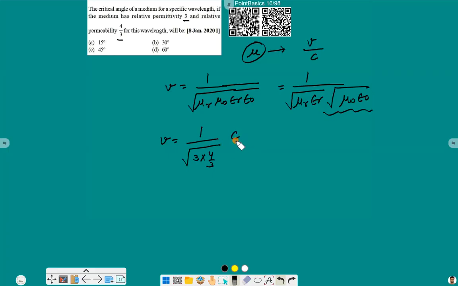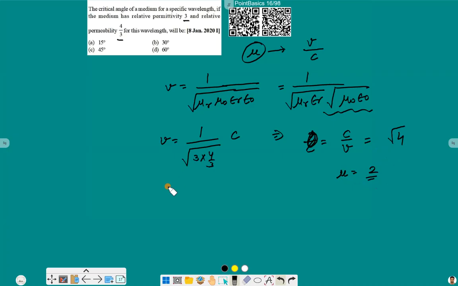From this, C by V, that will be the refractive index, that will be equal to root 4. And from this, refractive index is equal to 2.